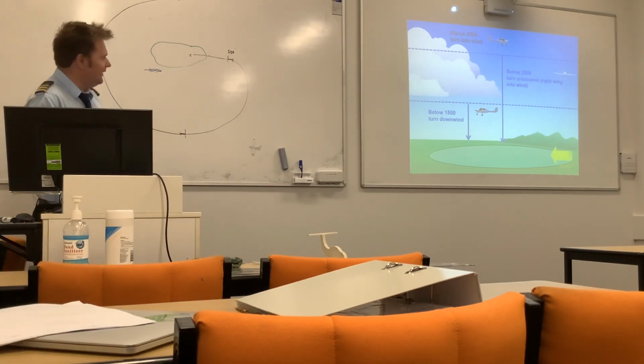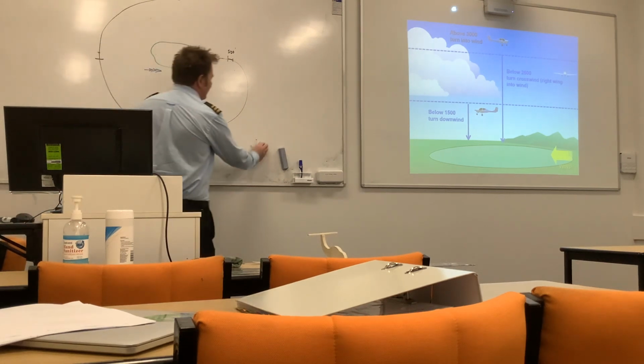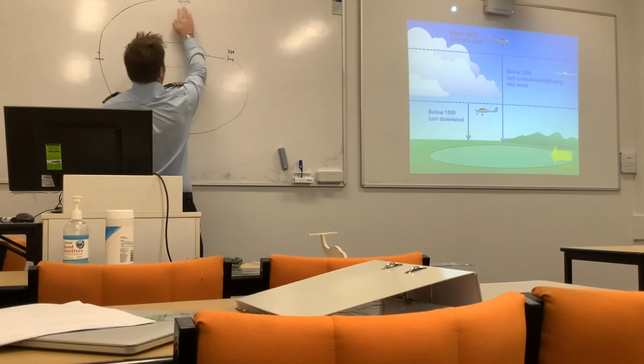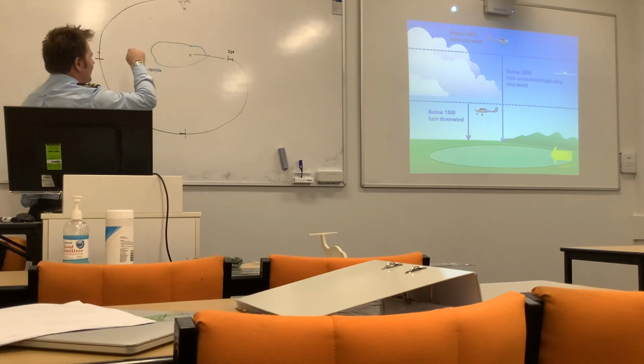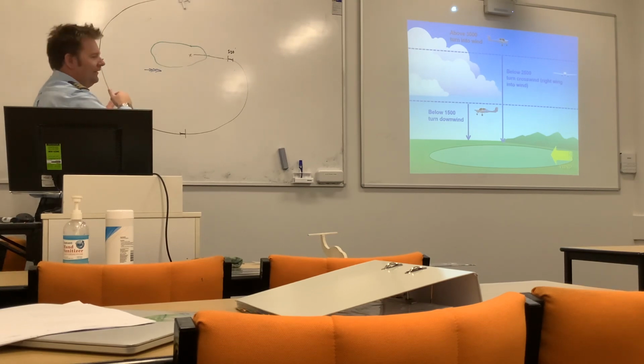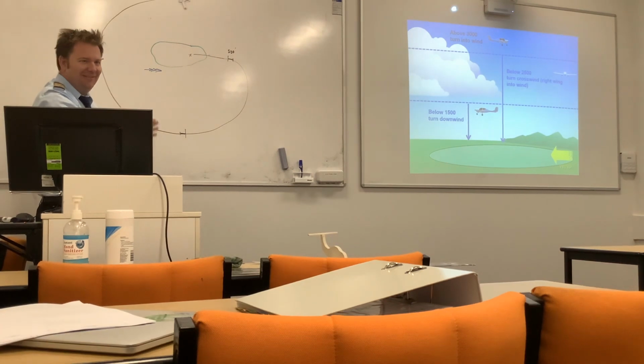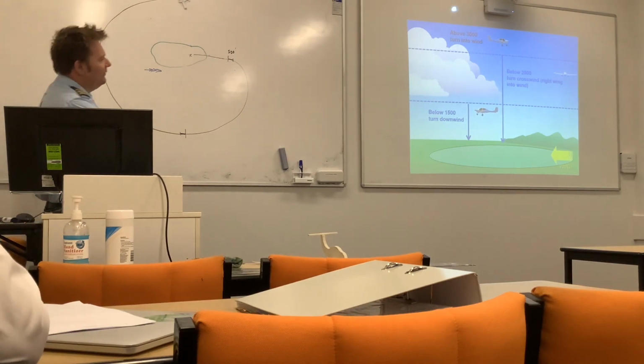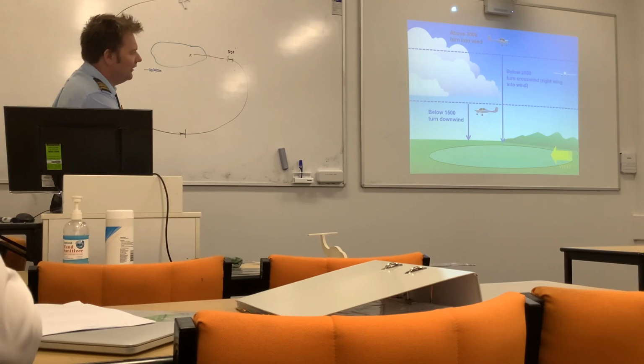If we're above 3,000 feet, so we're coming along, the engine's stopped, and we're above 3,000, we're going to turn into wind, and where would we look to find a suitable field? On our left. Okay? So turn into wind, look left. There should be hopefully somewhere out there where we can land. What if we were below 2,500?